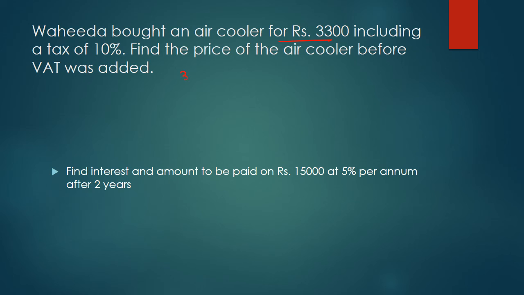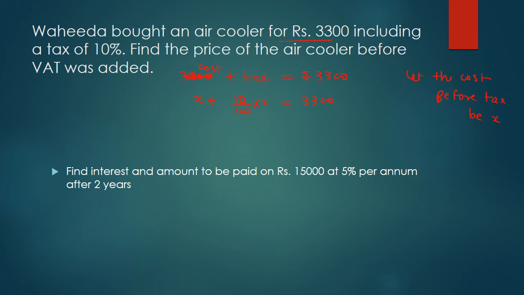Here, Wahida bought an air cooler for rupees 3300, including tax. This was the price including tax. That means cost plus tax is 3300. Find the price of the air cooler before VAT was added. So let the cost before tax be x. Then x plus 10% of x is 3300.